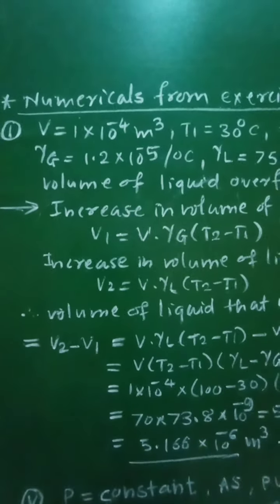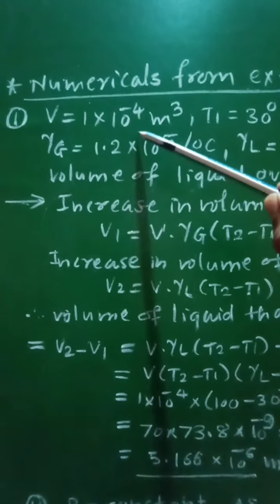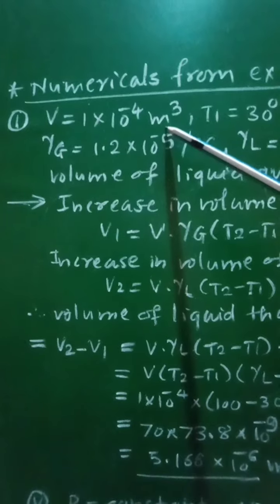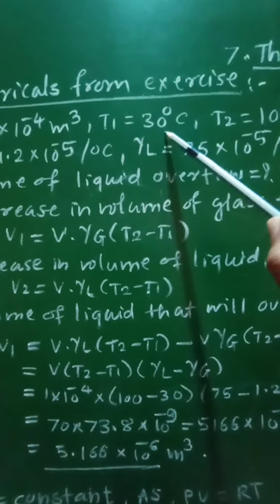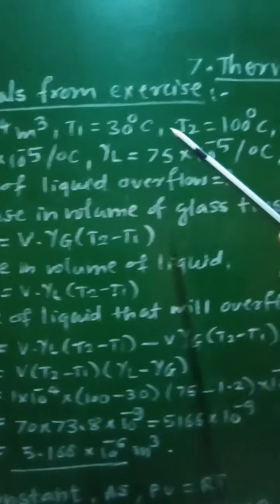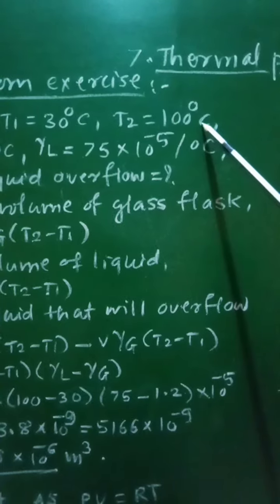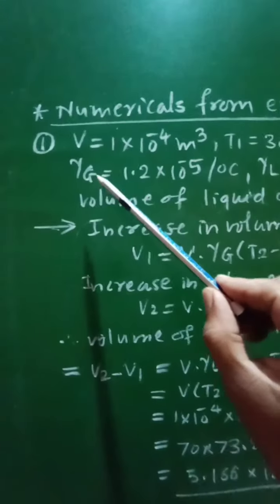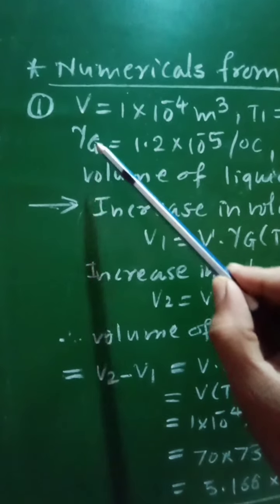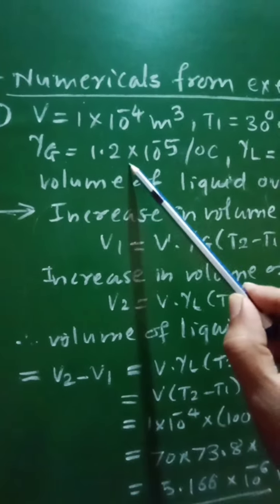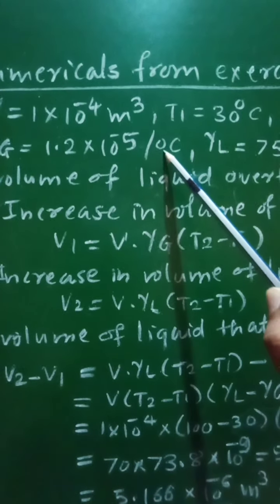So for this numerical, the given data is: volume V is equal to 1 into 10 raised to minus 4 meter cube. Initial temperature T1 is equal to 30 degree Celsius. Final temperature T2 is equal to 100 degree Celsius. Coefficient of volume expansion for glass, gamma G, equal to 1.2 into 10 raised to minus 5 per degree Celsius.